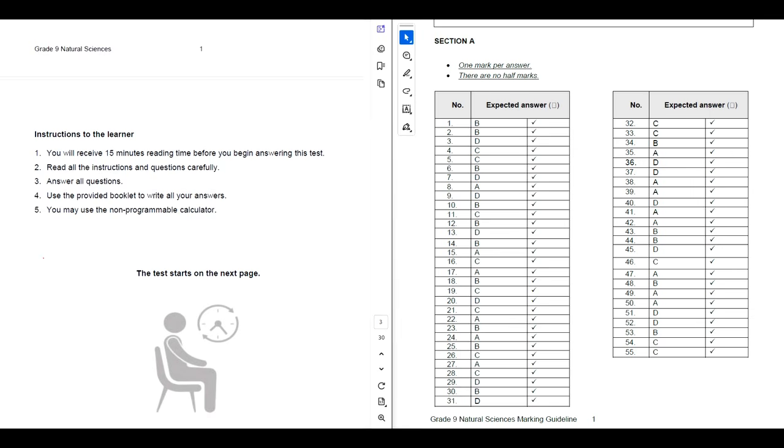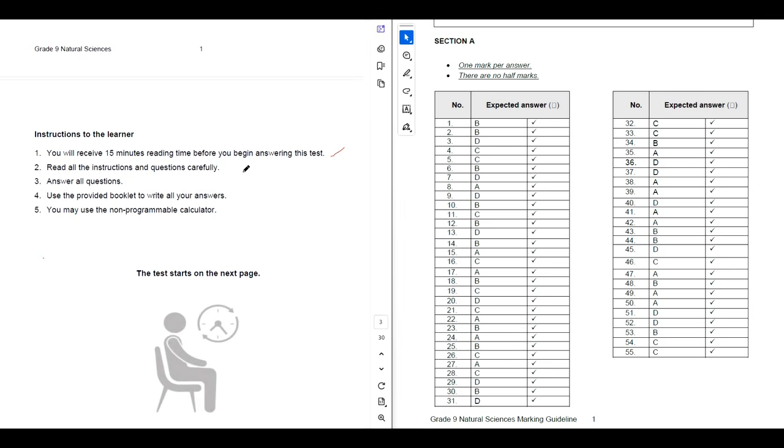Okay, so now if we check on our question paper, we can see that there are instructions that learners need to follow. Our first instruction says that you will receive 15 minutes reading time before you begin answering this test.